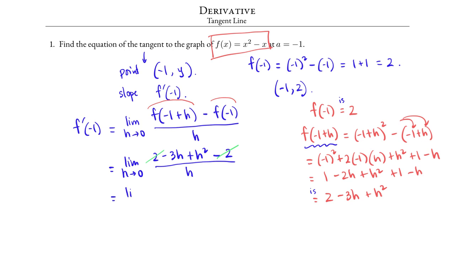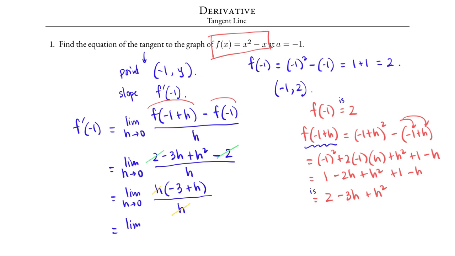And according to our procedure, we always try to factor out h in the numerator. If we factor out h in the numerator, we have h times the quantity -3 plus h, and there is still h in the denominator. If we do this correctly, we should be able to cancel out h in the denominator.